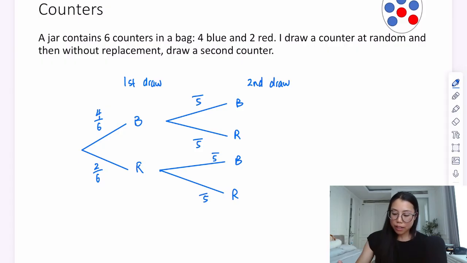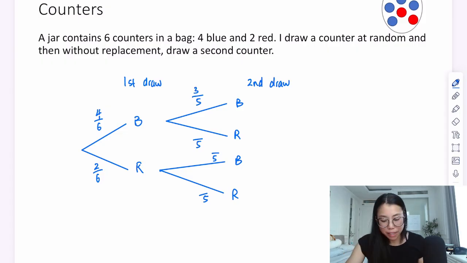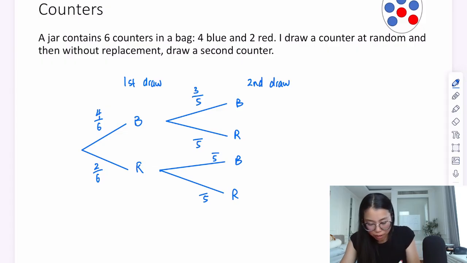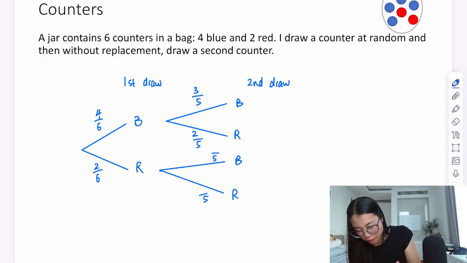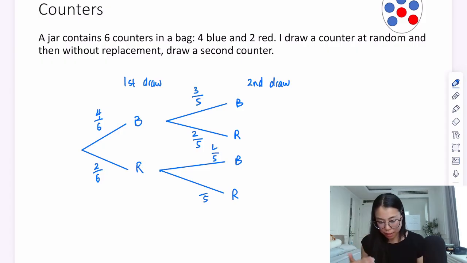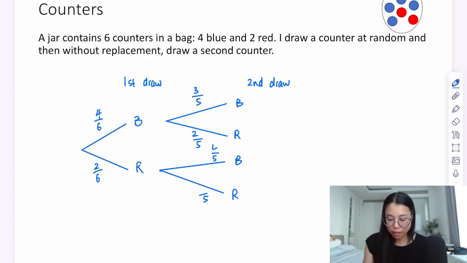Assuming that you've selected a blue counter on the first draw, there were 4 to begin with, then there are only 3 left out of 5. And then for the red counters, you haven't drawn a red, so there's going to be 2 out of 5 remaining. Assuming then that we draw a red counter on the first try, there will still be 4 blues left in the second draw, but only 1 red left on the second draw.